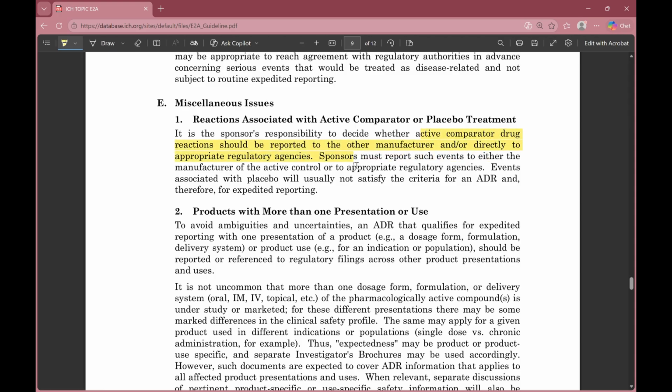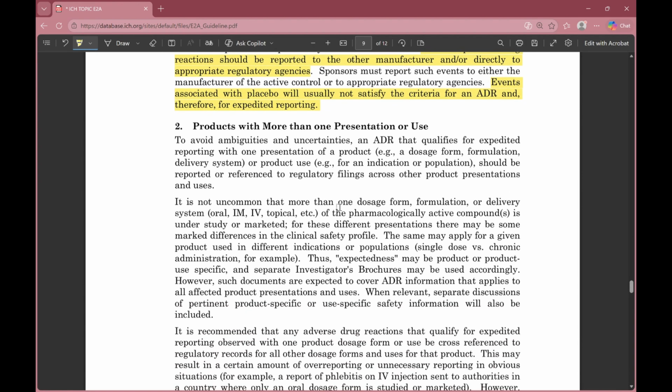Then, if the event happens with a placebo, it is usually not considered an ADR and therefore there is no expedited reporting. So that's the very first point.